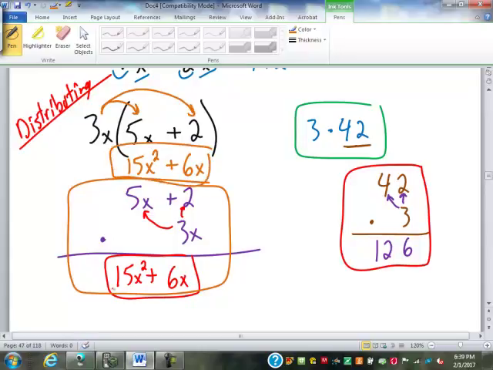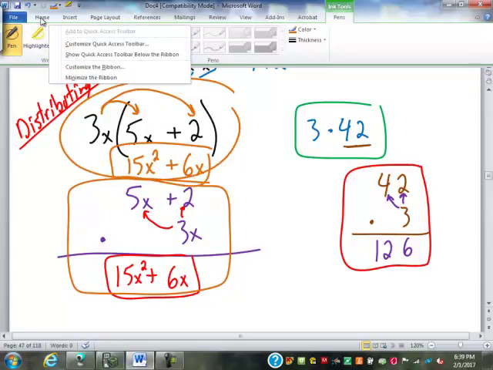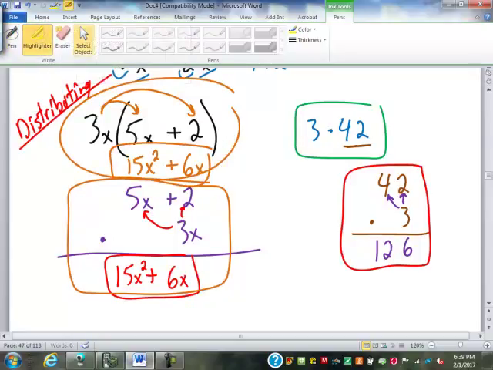We get the same result, it's just a little bit shorter. When we start doing these, I will do some of them out like this at first, but eventually I'm going to flop back to using the distributing shortcut just because it saves time and space.